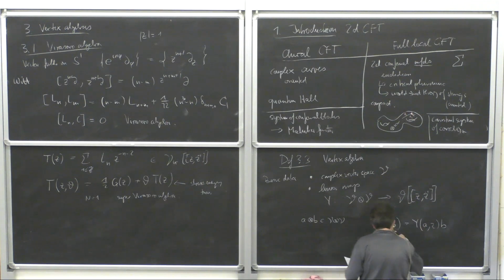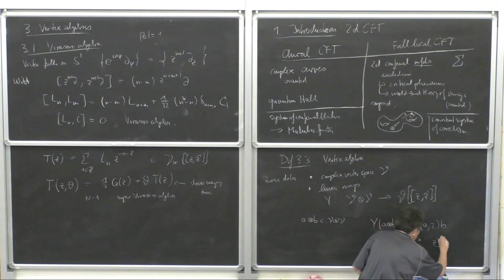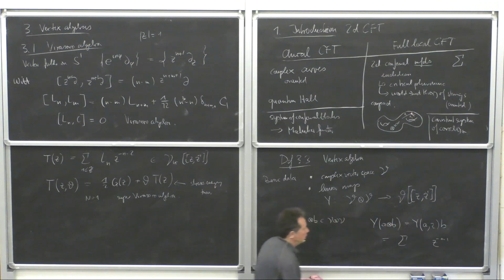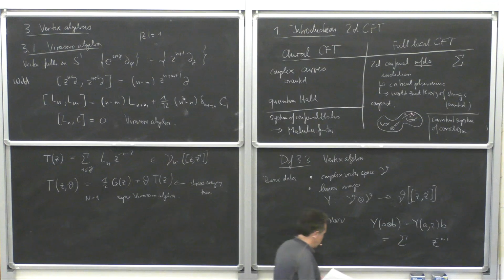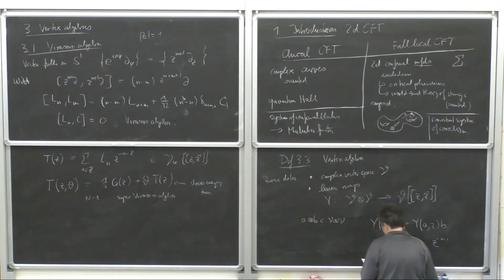This will be a formal power series in z, so z to the n. Conventionally, in the mathematics literature, people are writing minus n minus 1, but that's a convention. And here you have certain elements.